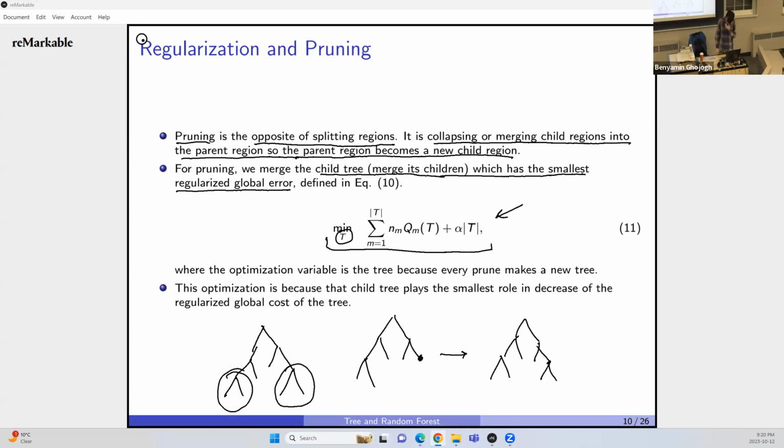Did you get it? This is because the child tree plays the smallest role in decreasing the regularized cost of the tree. I want to have the smallest increase of the error.